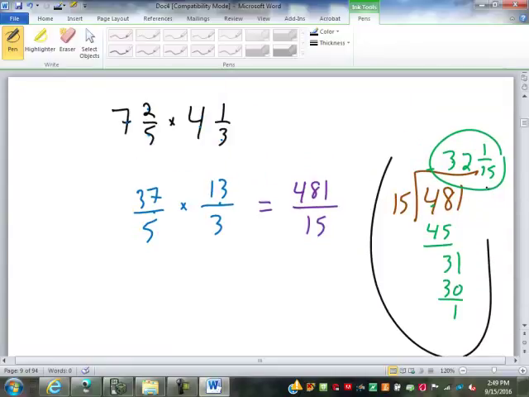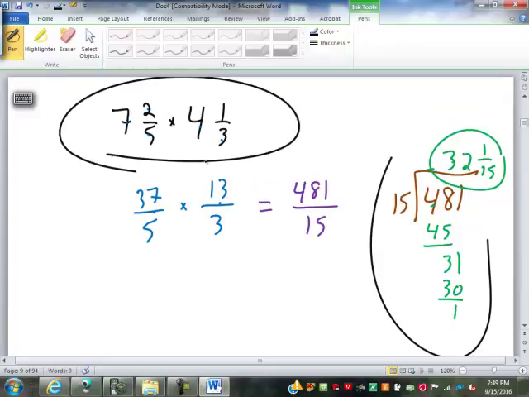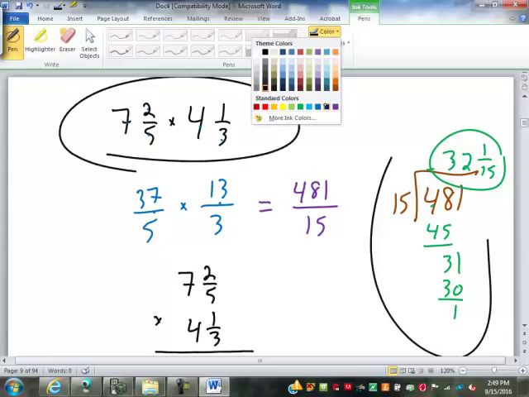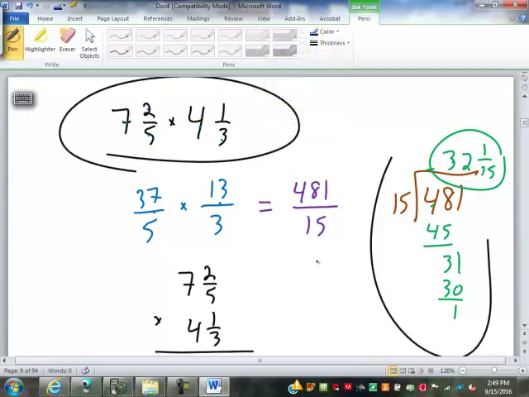Anybody want to see how you do this with the mixed numbers just for fun? Why not? Okay, good. There's a sadist in every crowd. So just like when we do something like 27 times 43, just like you have to do the 3 times the 7, but you also have to do 3 times 2.